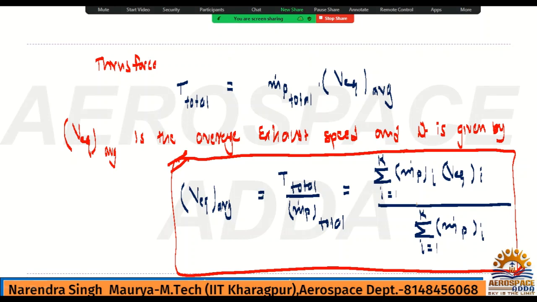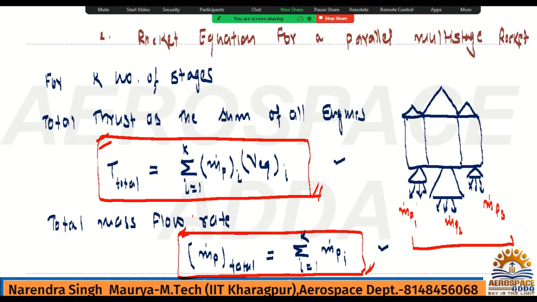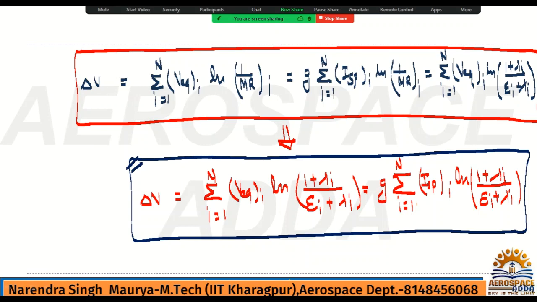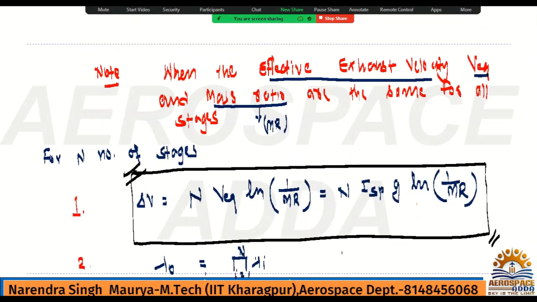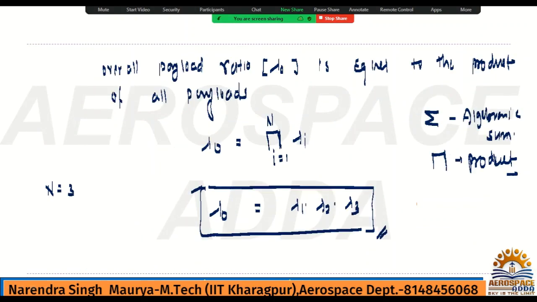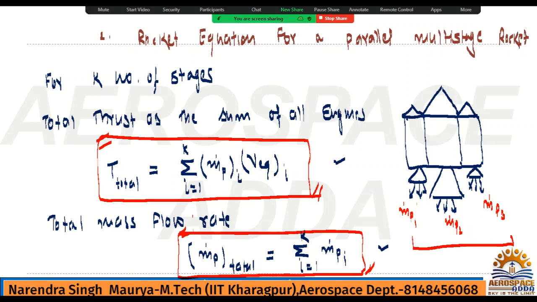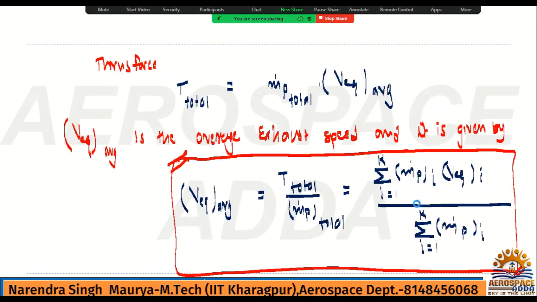This is the formula for k number of engines. This is for the parallel multi-staging. All done. So this is the theory behind the series multi-staging rocket system and parallel multi-staging rocket system. All right.